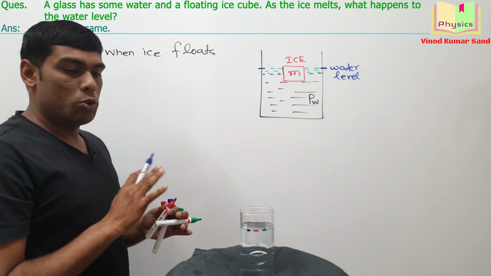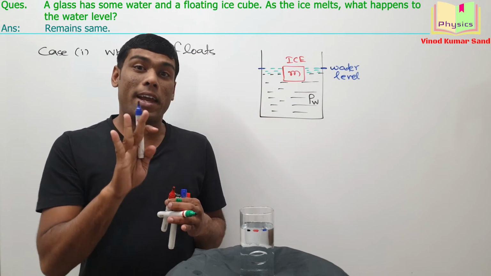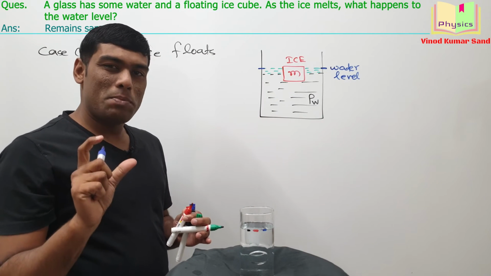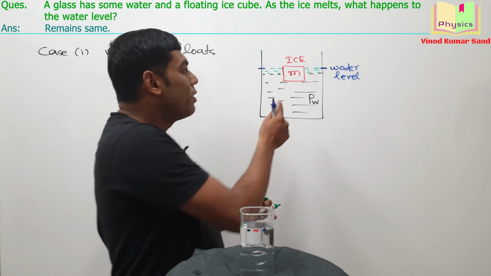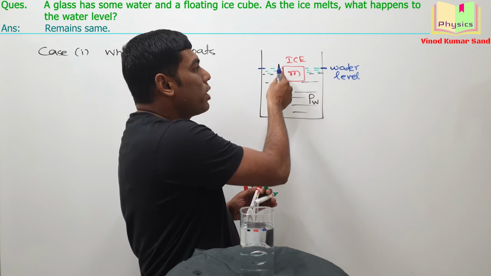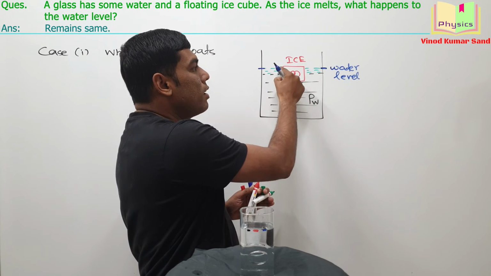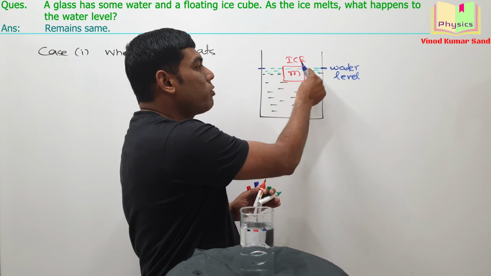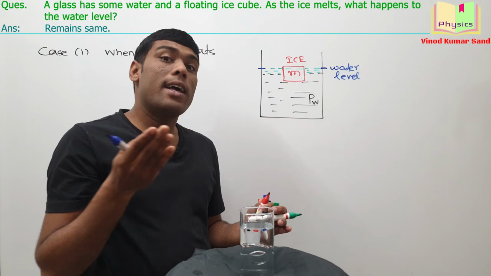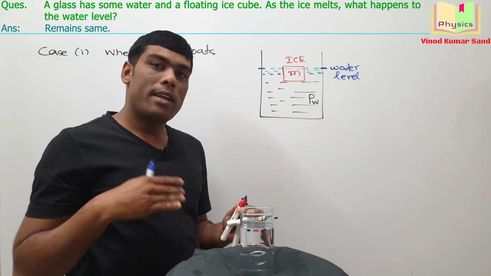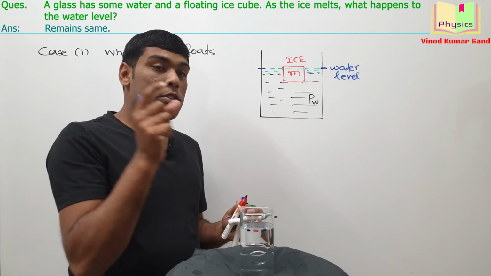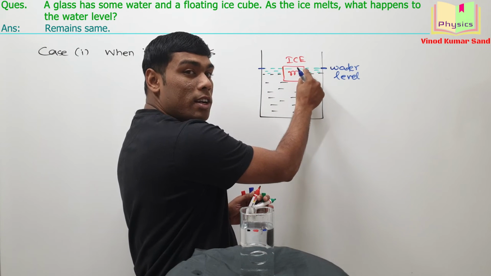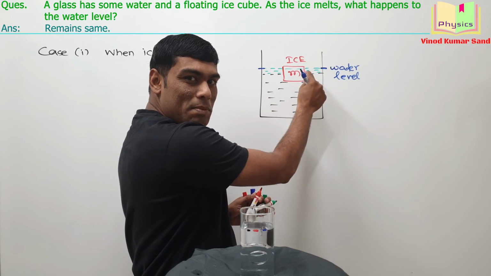Now the ice cube is continuously melting and we have to check what happens to the water level. The concept is simple. We'll find what volume of the water this floating ice cube displaces. Then as the ice cube melts completely, it will form some water. If the water formed is equal to this volume of water displaced, then the water level will remain same.